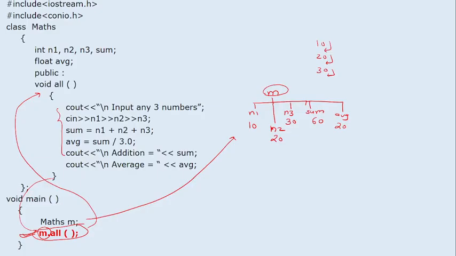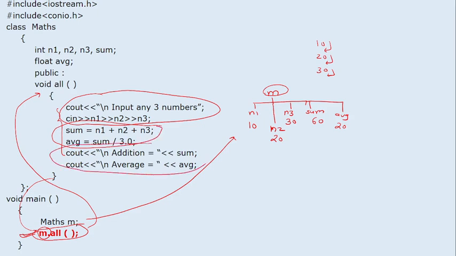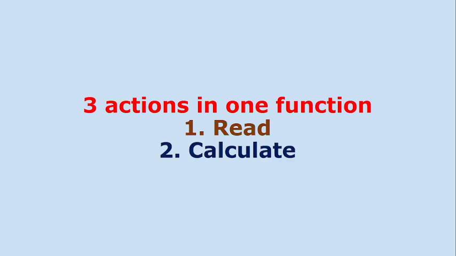First, we read values for n1, n2 and n3. Then we calculate sum and average, and then we display the result. So in one member function we are making three actions: read, calculate and display.